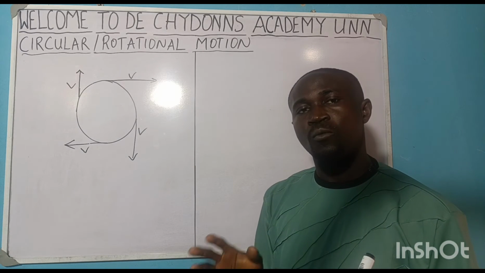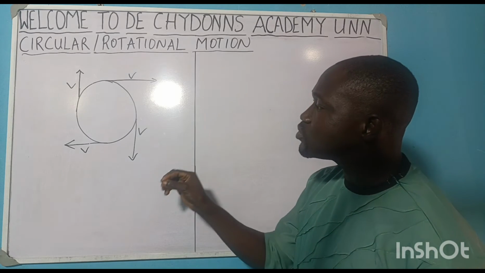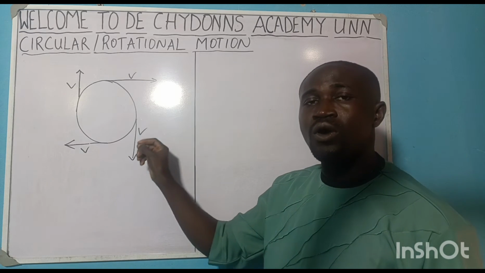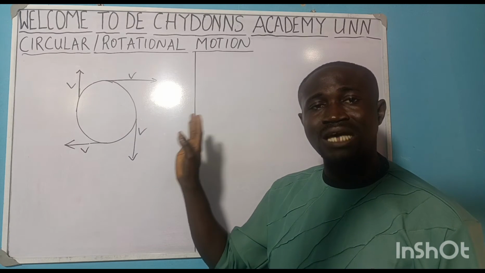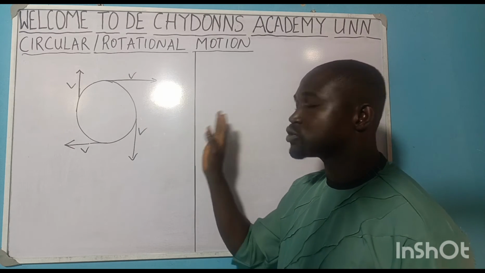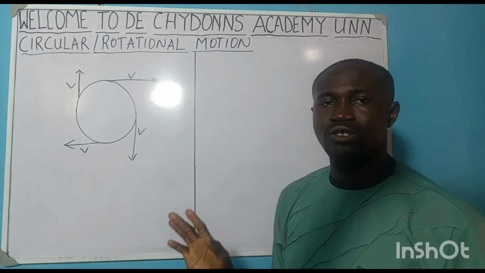Remember, magnitude is a scalar quantity. So the magnitude of acceleration of a body undergoing circular motion is always constant. But the acceleration of that body is not constant.